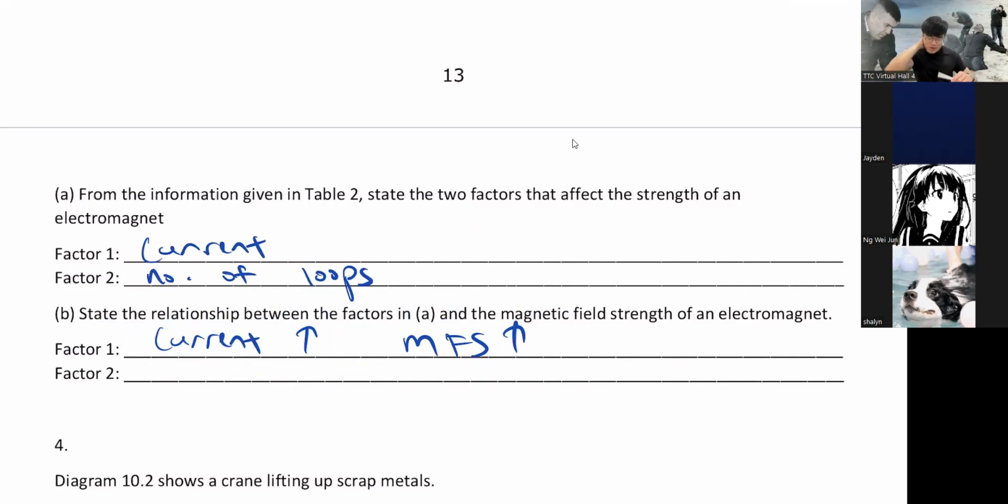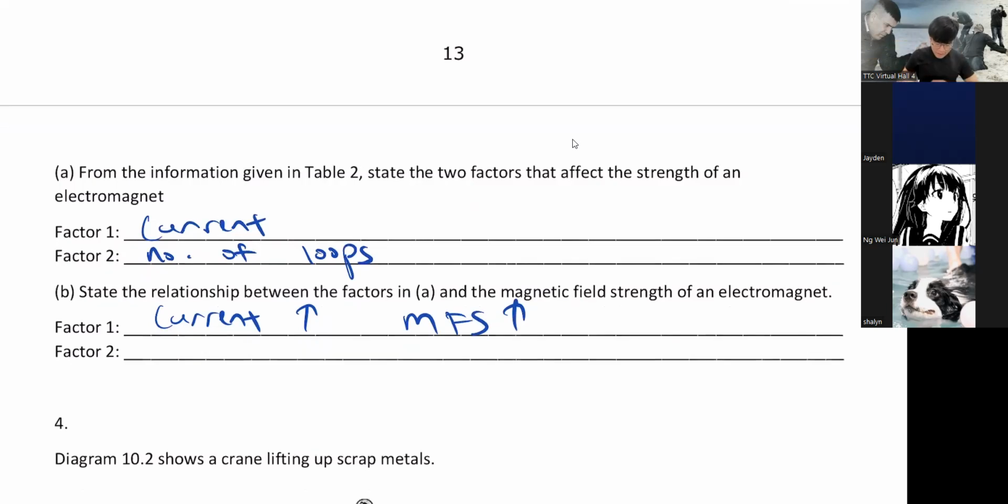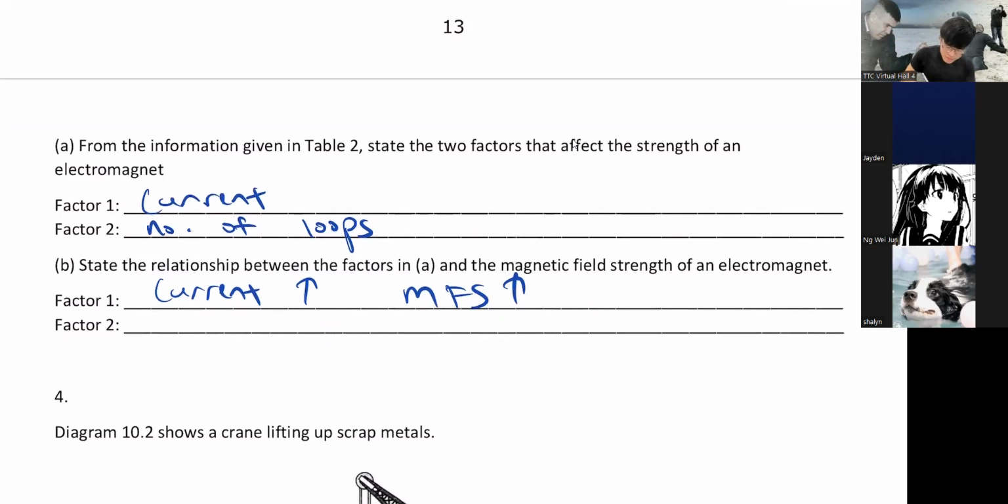In this case, I'm only trying to save time. You can write like this for your notes, no problem, if you want to save time and don't want to write so long. Right, next, factor 2. What is factor 2? That will be the number of loops.